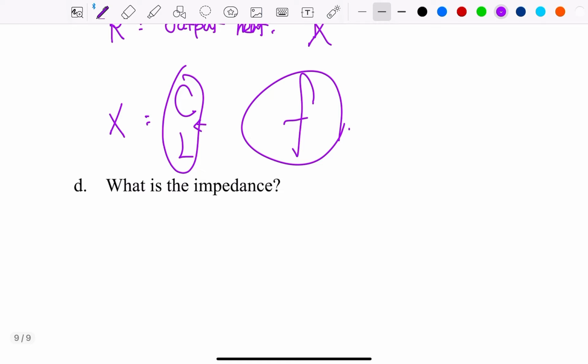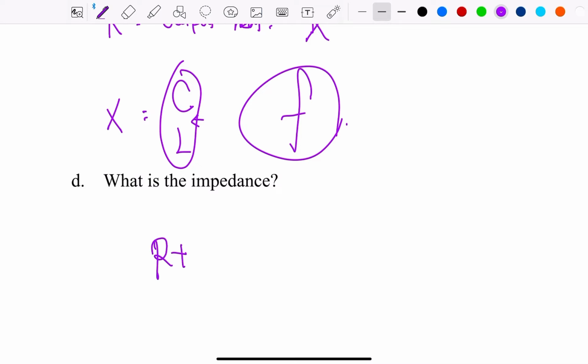Okay, final question. What is the impedance? Impedance is the combined effect of resistance and reactance. Okay? And this is usually symbolized as Z. Impedance is the ratio of voltage to current in an AC circuit.